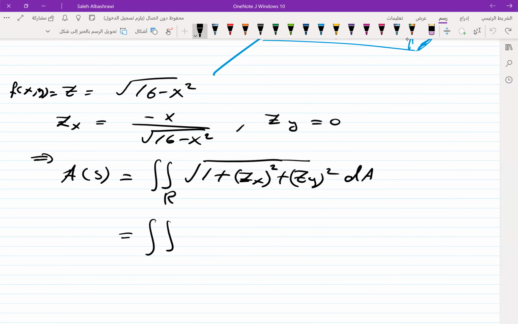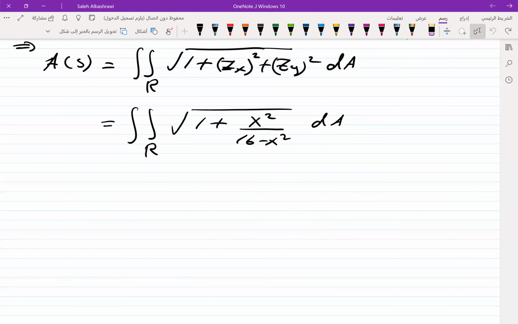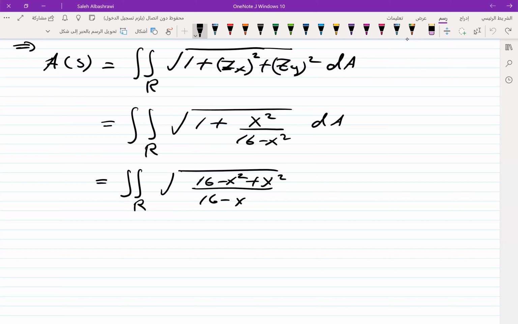Which is equal to the double integral of square root of 1 plus x squared over 16 minus x squared dA. Taking the common denominator, this is 16 minus x squared plus x squared over 16 minus x squared, which equals square root of 16, which is 4, divided by square root of 16 minus x squared, dA.